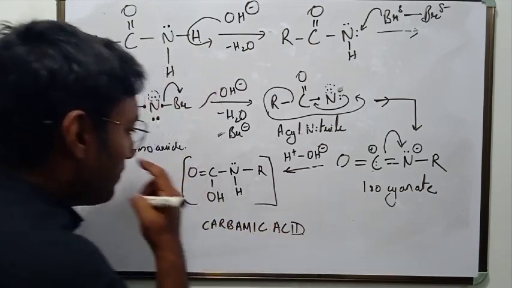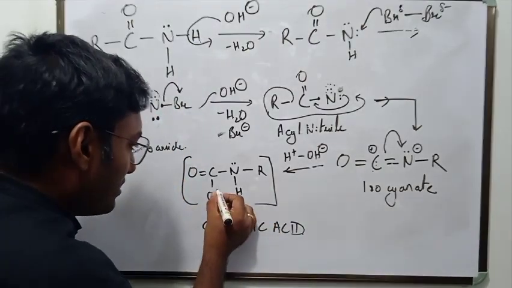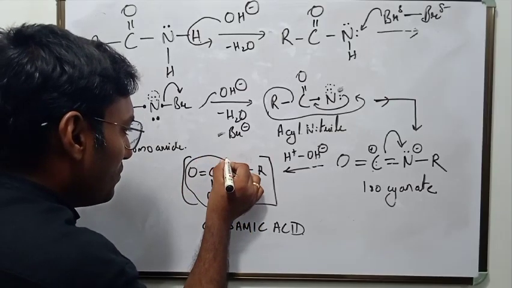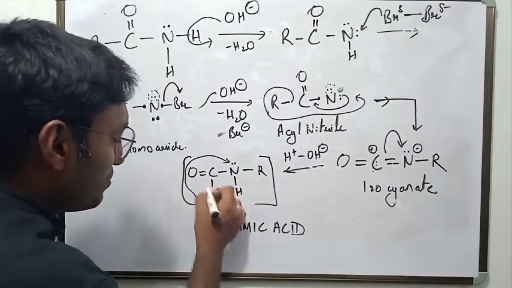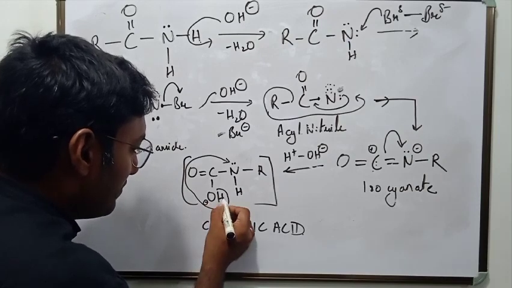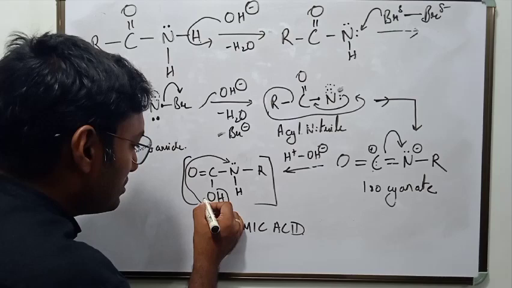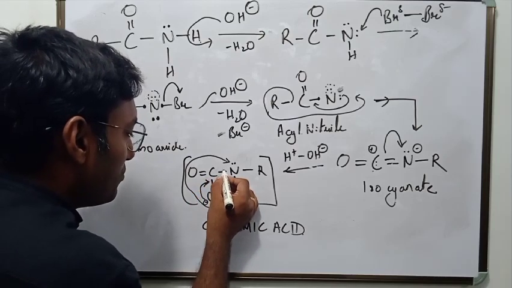And now what would happen? This H, it will go to the lone pair of electrons here. When H goes, a negative charge develops over oxygen, that will come here and this bond will be broken.